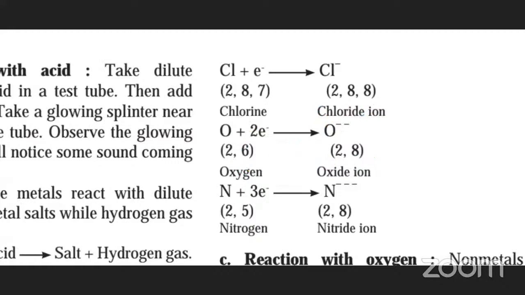Okay, in the similar way, nitrogen is having 5 electrons in the outermost shell, so it will require 3 electrons to complete its octet, and that's why here 3 minus charge has been shown on the ion, and it is known as nitride ion. Okay, this is nitride ion, this is oxide ion, and the first one is the chloride ion.